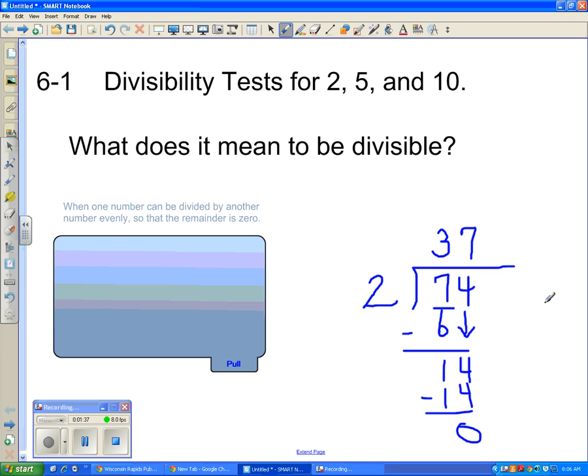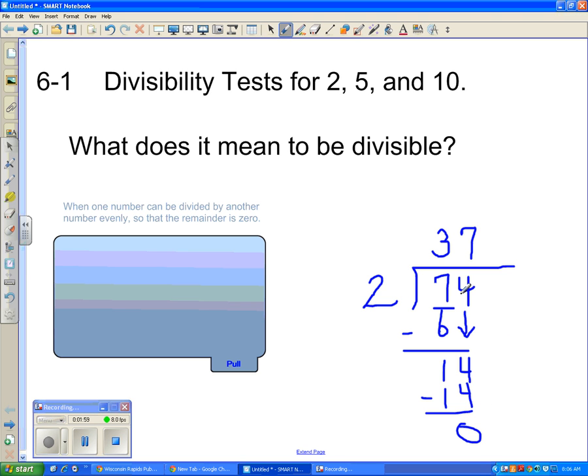So according to our definition of divisibility, it means that when one number, in this case 74, can be divided by another number, in this case 2, evenly, the remainder is 0.